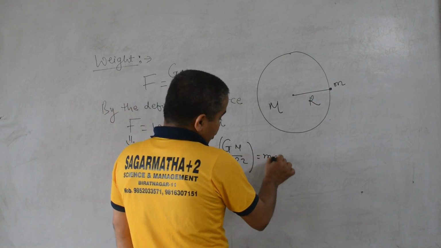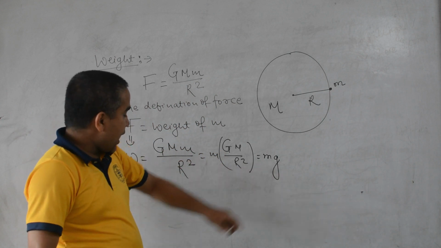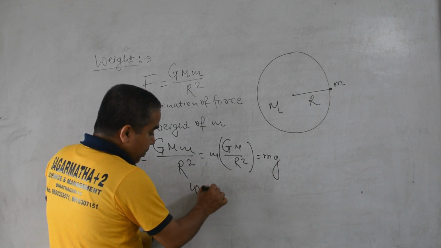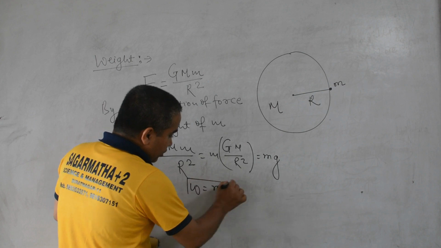My whole relation will reduce to mg. So I can say weight is mass times acceleration due to gravity.